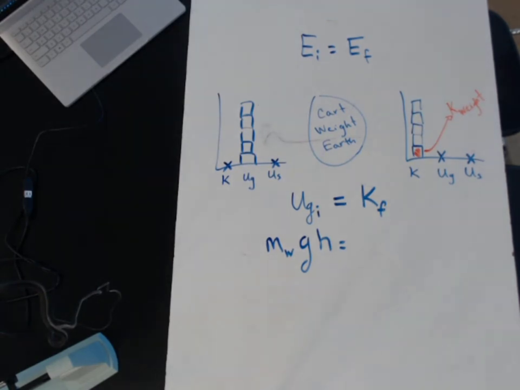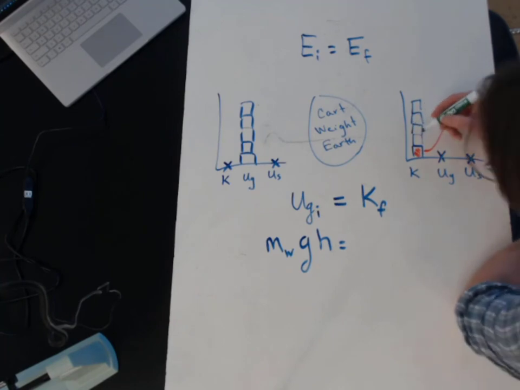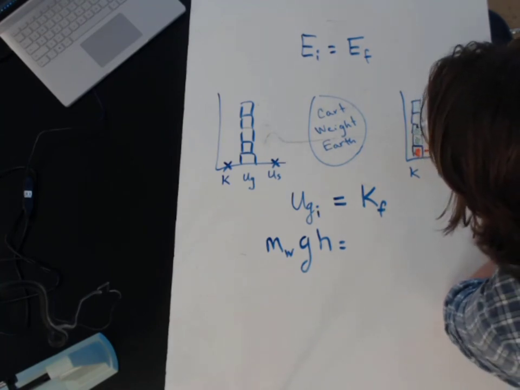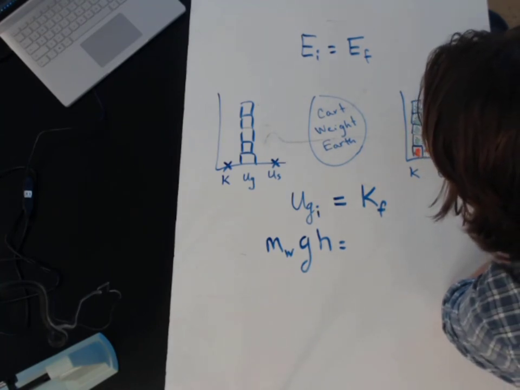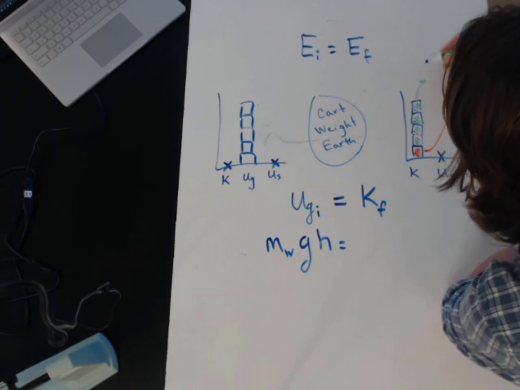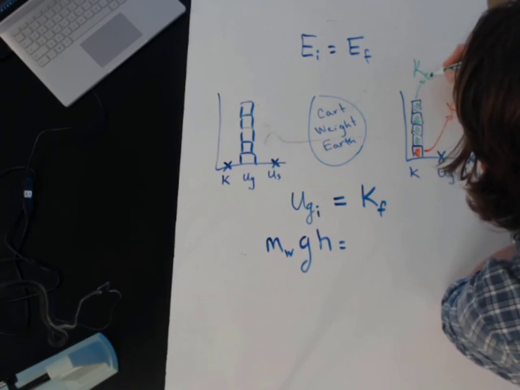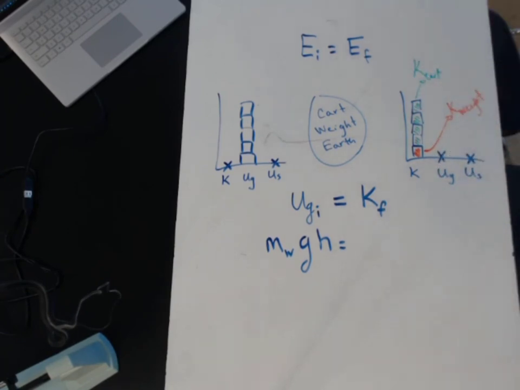And maybe I say that these other 4 boxes of kinetic energy that are left over represent the kinetic energy of my green cart. So that would be the kinetic energy of my cart.